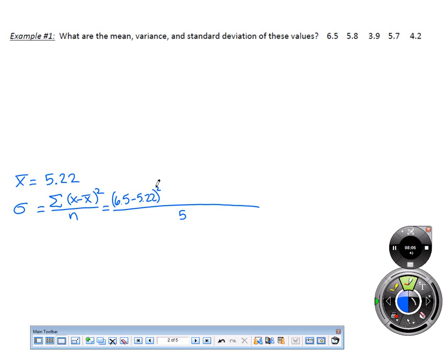So that's measuring how different that first piece of data is from the mean that you found. Then we want to do the same thing for the second piece of data, third piece of data, etc. So you're going to have all these different differences.